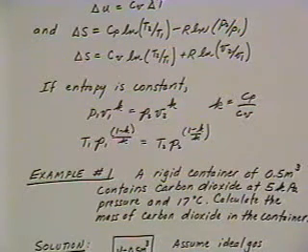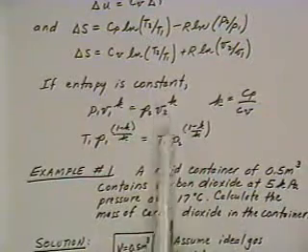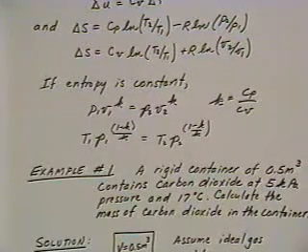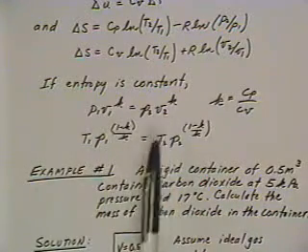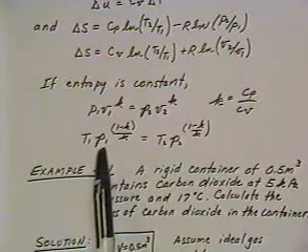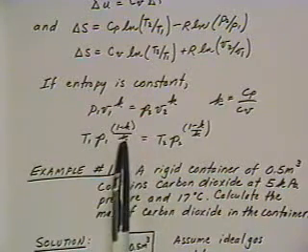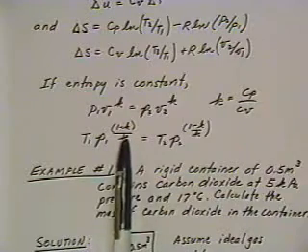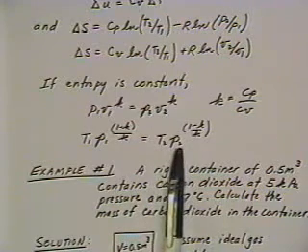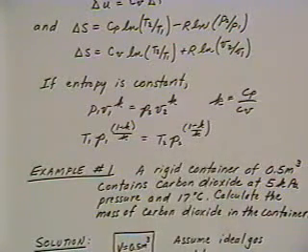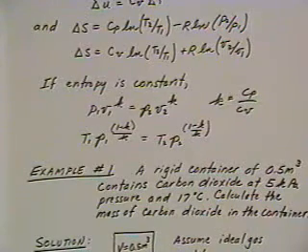Using these expressions, there are two that are most commonly used to get the relationships between pressure and volume: P1 V1 to the k equals P2 V2 to the k, and T1 P1 to the (1 minus k) over k. This may not be completely clear, but this is an exponent: (1 minus k) over k is an exponent, and that's equal to T2 times P2 to the (1 minus k) over k. So these are the common ideal gas relationships that you're going to run into on the exam, and these are ones you'll have to be familiar with in doing some of the calculations.